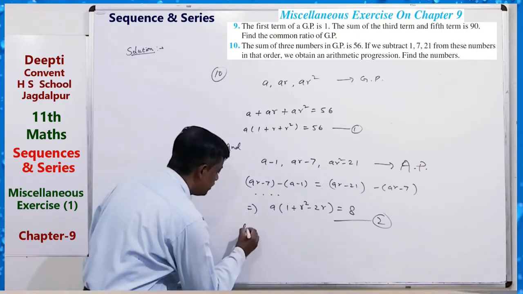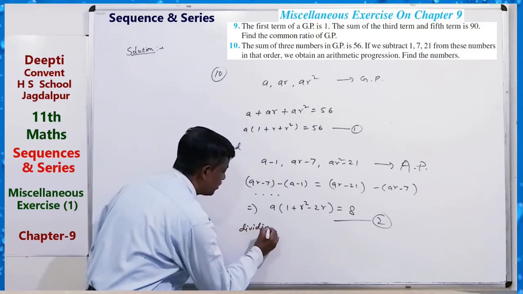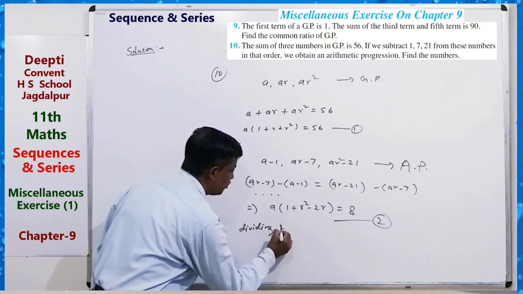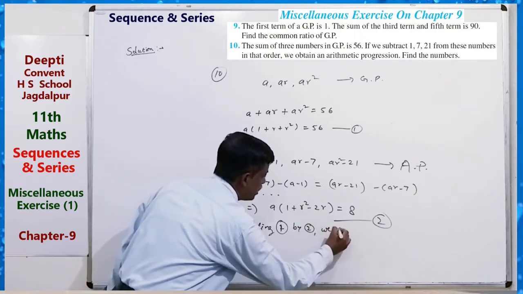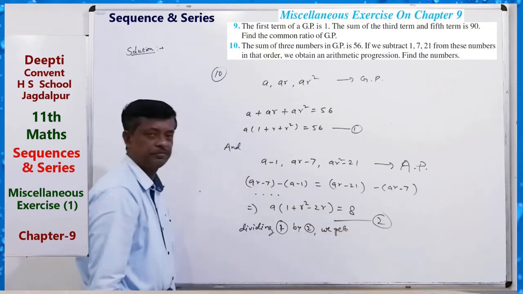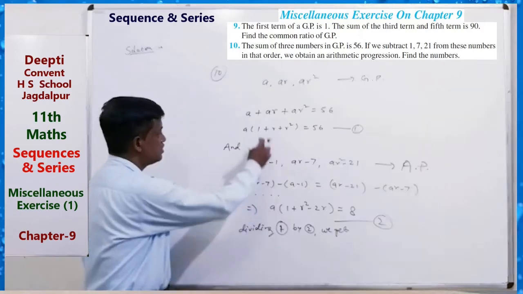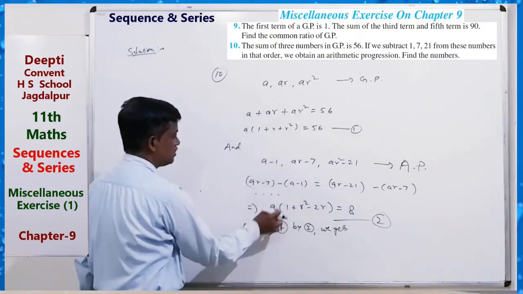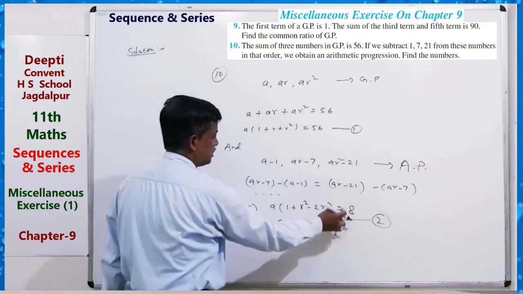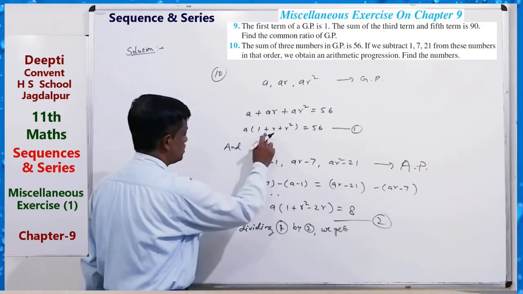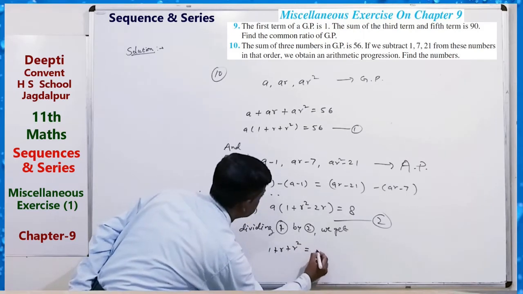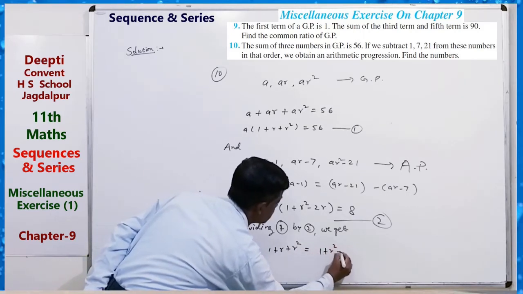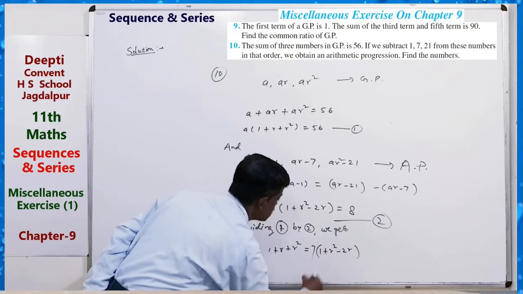So dividing 1 by 2, A cancels, and this by this gives 56 by 8, which is 7. So 1 plus R square equals 1 plus R square minus 2R, into 7.